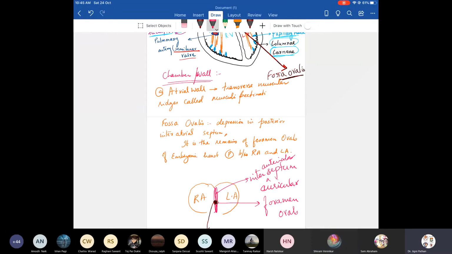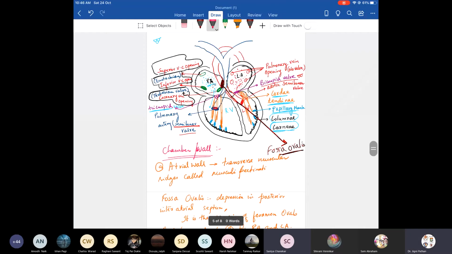Excuse me, ma'am. Where is fossa ovalis in the upper diagram of the internal structure? See, it should be here, no? It should be in the right auricle, in the interauricular septum.